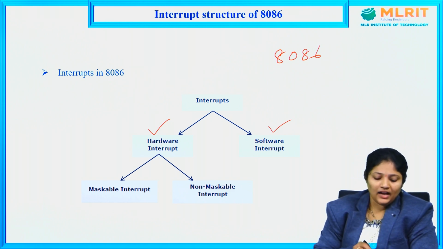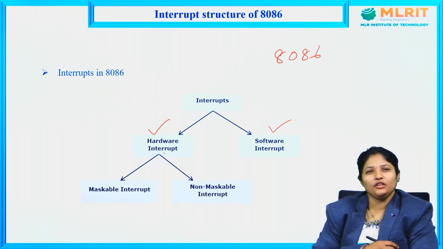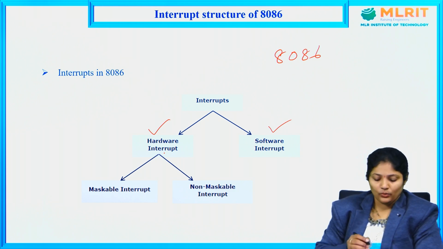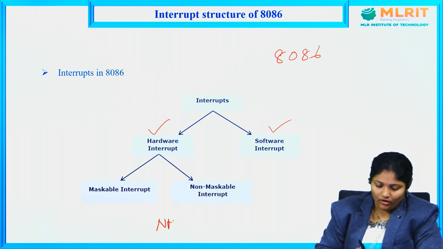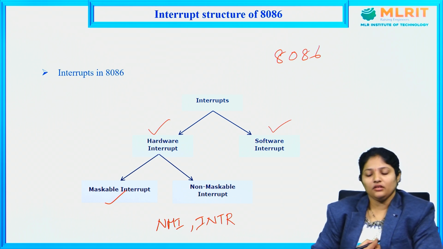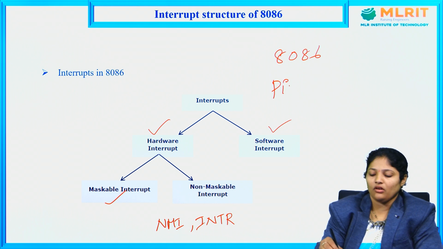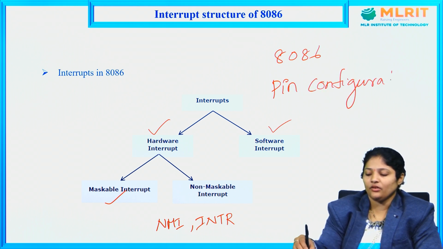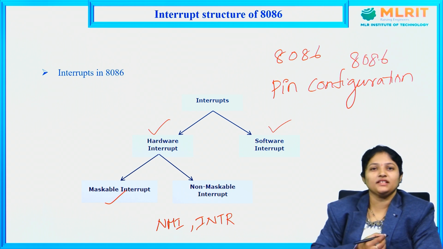Coming to the hardware interrupts, we have two hardware interrupt pins. One is NMI, non-maskable interrupt, and the other is INTR, interrupt request, which is the maskable interrupt pin. As you saw in the previous video on pin configuration and signal description of the 8086, I explained what the INTR pin and the NMI pin are.